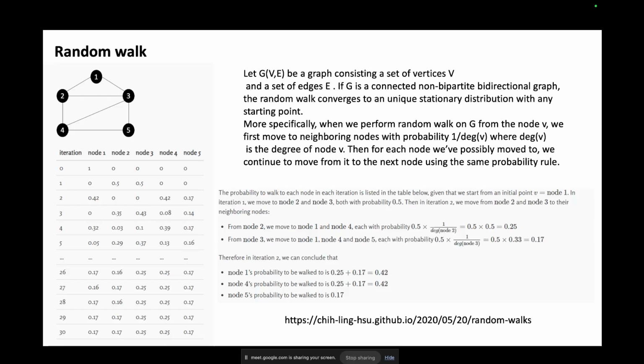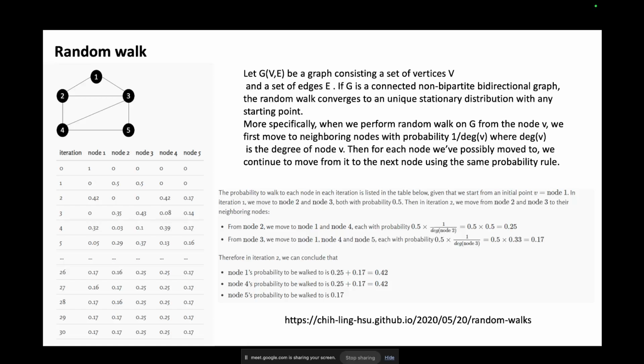What is the probability you move from node 3 to node 4? The total degree of that particular node is 4. It is connected to 1, 2, 4 and 5. So the probability you move from 3 to 4 is 1 by 4, right? So the probability of moving from one node to the other node is given by the inverse of the degree of that particular node, right?